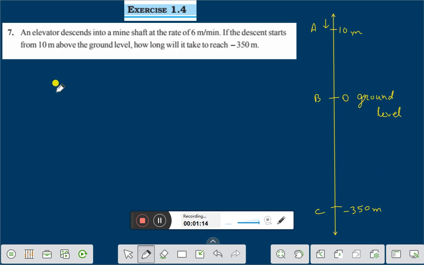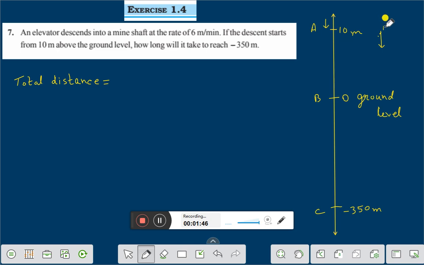But if we take total distance, here we find total distance. If it starts from here, it is going in the same direction, that is in the south direction.